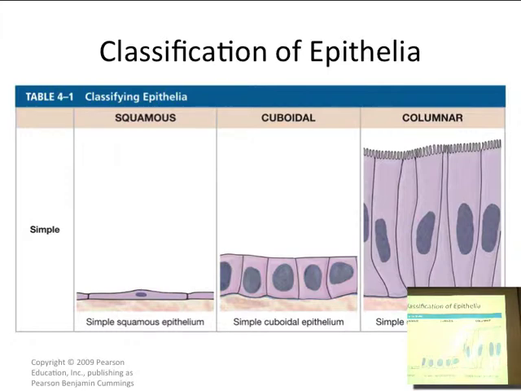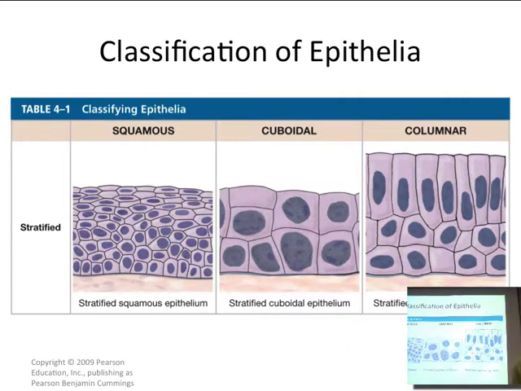And then columnar, columns, like cuboidal, but long cells. Simple because it's only one cell layer thick. All right? So simple is contrasted to stratified. Stratified means strata, which means layer, so there are many layers.